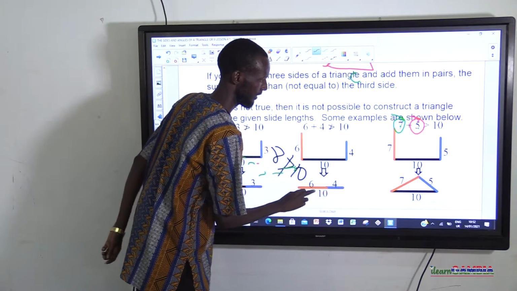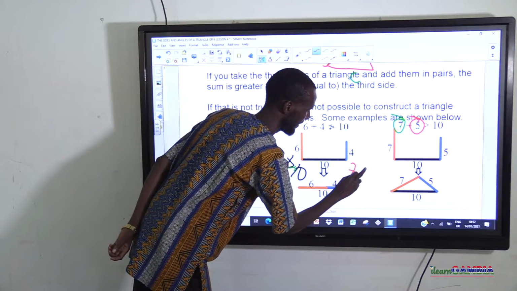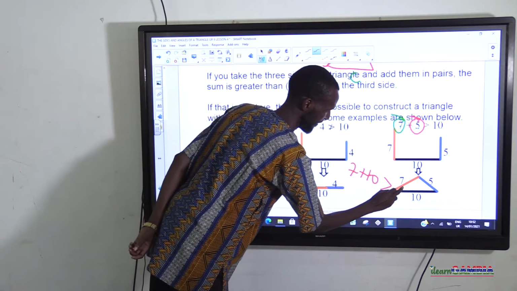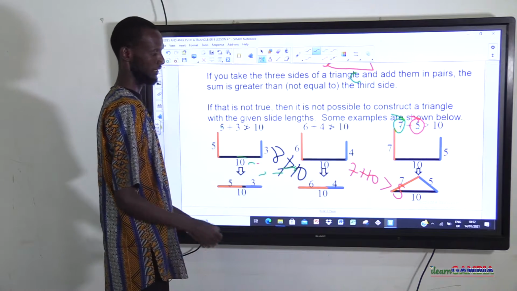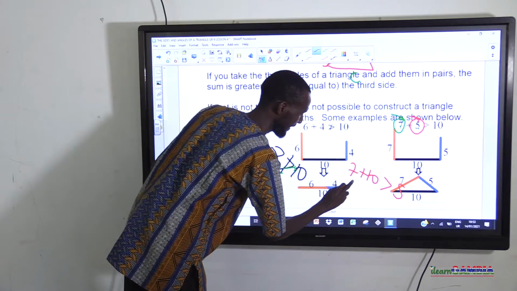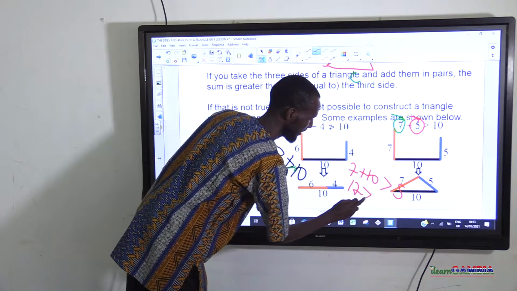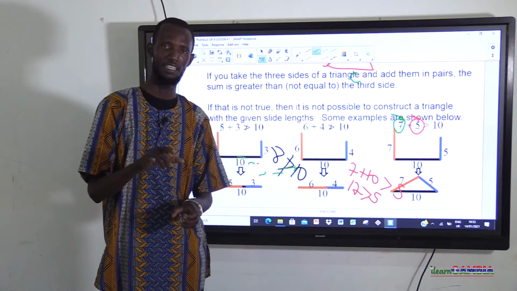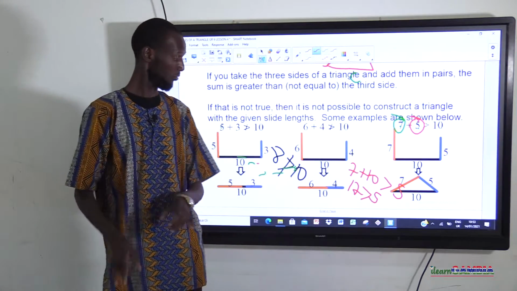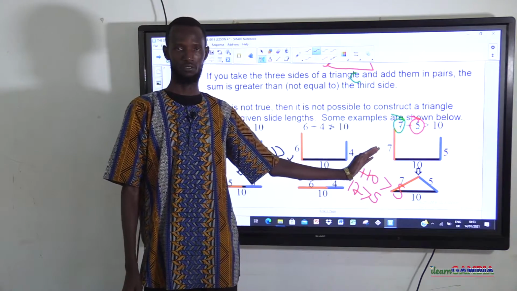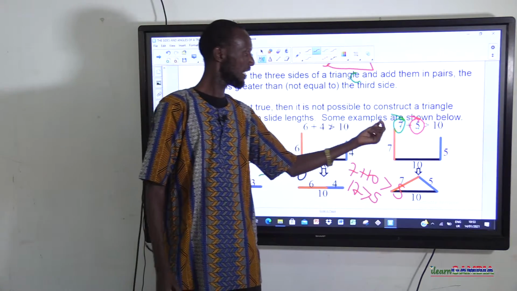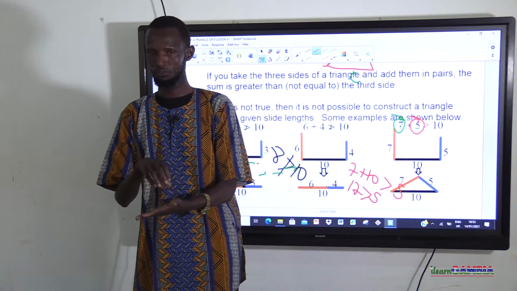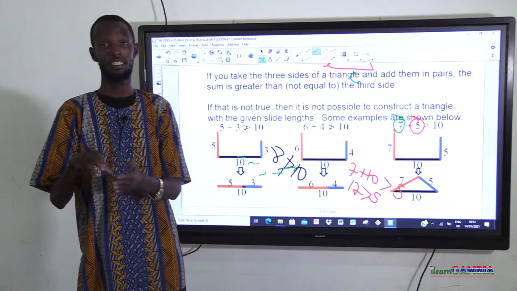If we now add the 7 and the 10, will that be greater than our third side, which is 5 in this case now? 7 plus 10 should give us 17. And 17, is it greater than 5? Yes, 17 is definitely greater than 5. So all three work. So we can conclude that 7, 5, and 10 can form a triangle. Those sides can be used to construct a triangle.